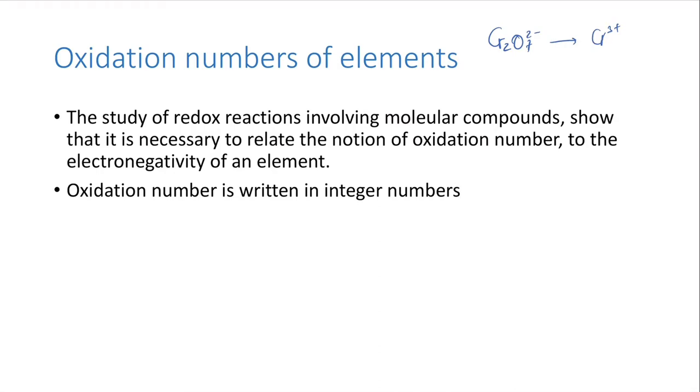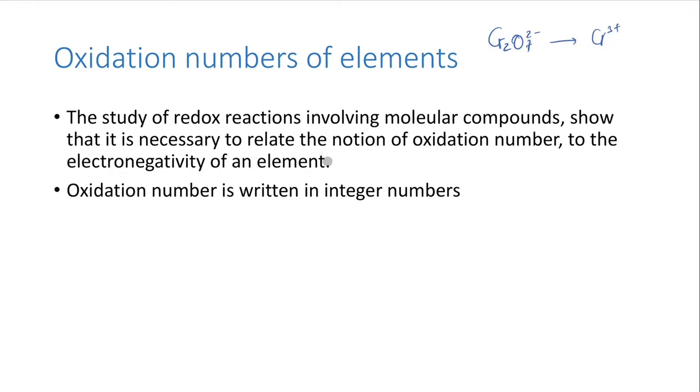For this reason, we invoked some arbitrary numbers in order to track the electrons, whether they are being lost or gained by a chemical species, and the movement of electrons from one chemical species to another. It's really related to the electronegativity of an element.